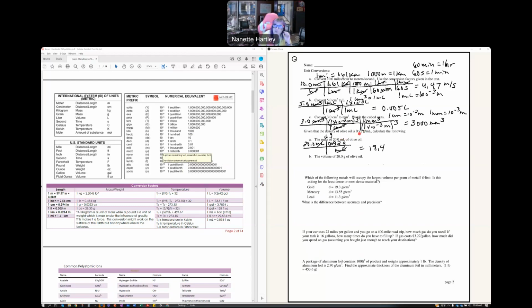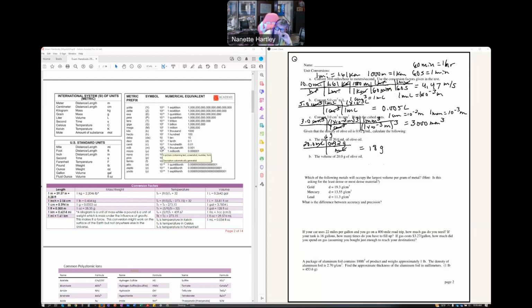And if this was an actual conversion factor, we would consider this infinitely significant. But we know that the density, grams per milliliter, is a calculated value. It's not a definition. So this being 2 sig figs means that my answer should be 2 sig figs. So I would report that as 18 grams.